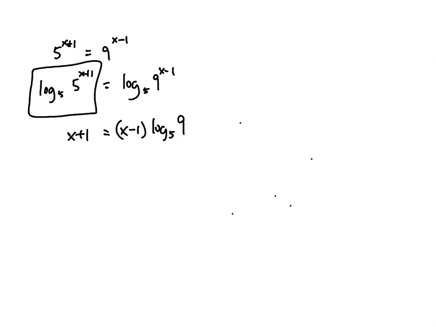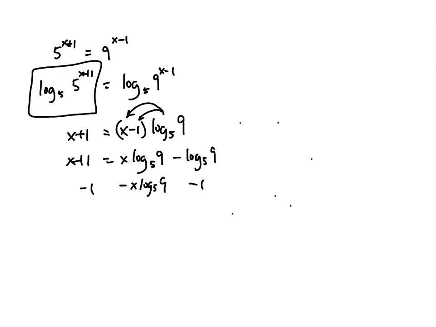So it does make things look a lot easier, but you still have to distribute. That needs to be distributed still. x plus 1 equal x log base 5 of 9 minus log base 5 of 9. We still have to get all the x's on one side, so I can subtract 1 on both sides and subtract x log base 5 of 9 on both sides.